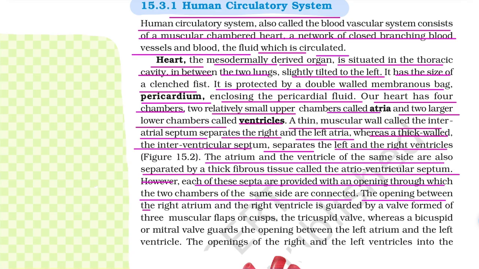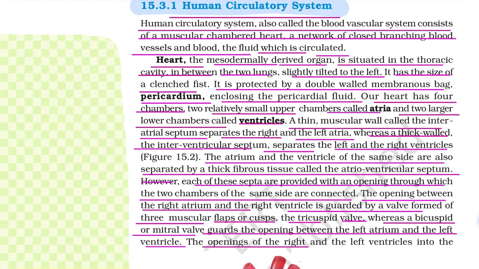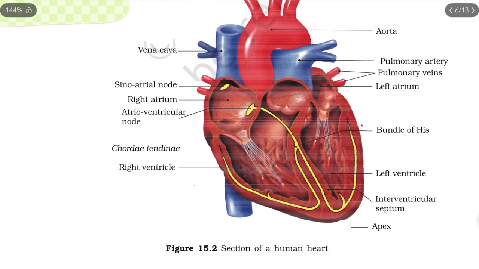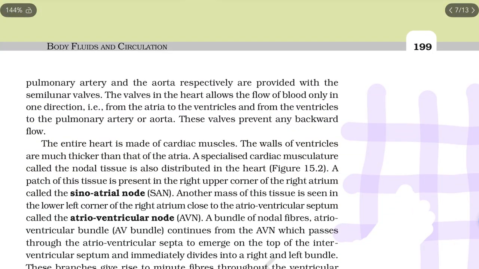The opening between the right atrium and the right ventricle is guarded by a valve formed of three muscular flaps or cusps, the tricuspid valve, whereas the bicuspid or mitral valve guards the opening between the left atrium and the left ventricle. The openings of the right and the left ventricles into the pulmonary artery and the aorta respectively are provided with the semilunar valves.